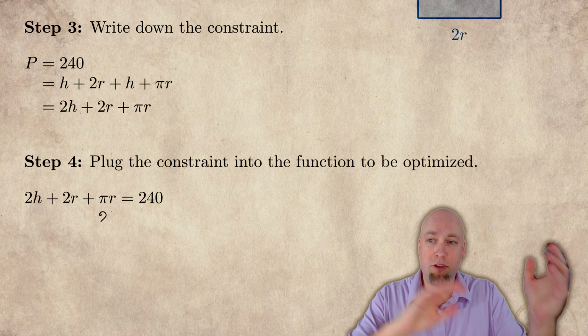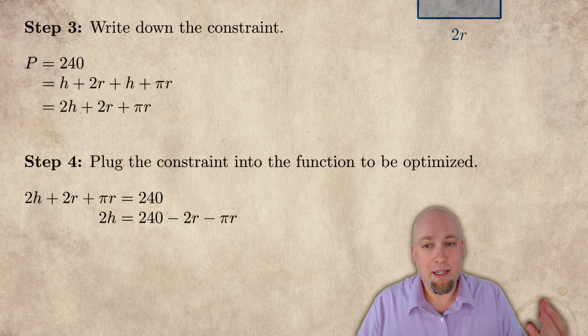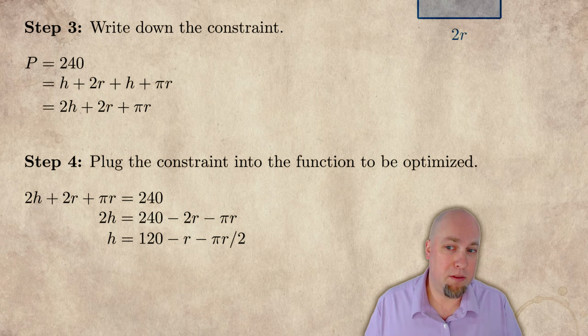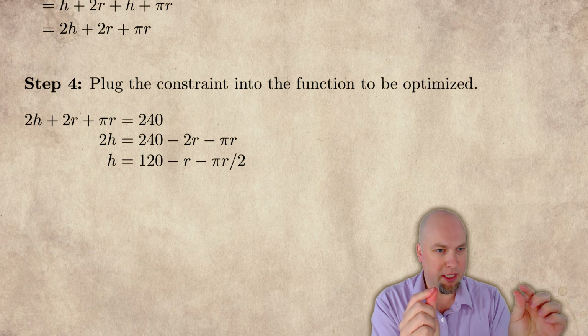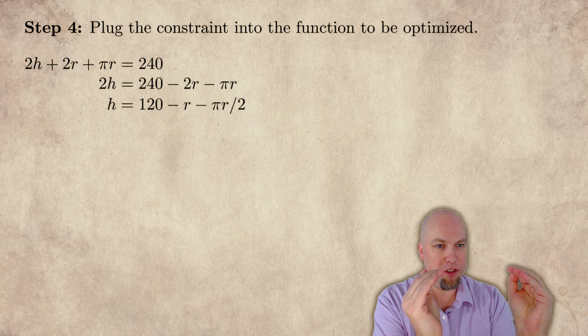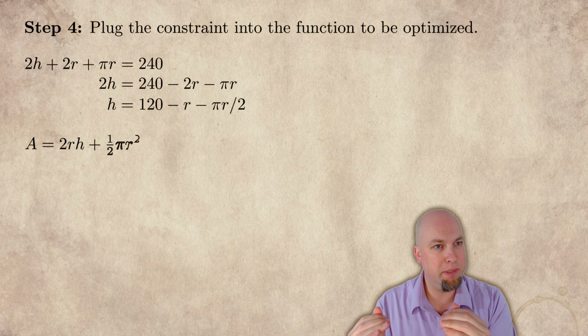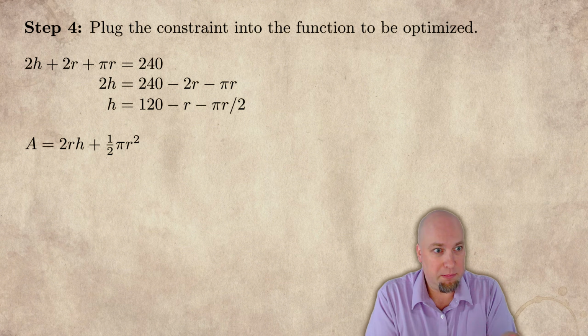Okay, so just rearrange, leave all the h's on the left-hand side, move the r's over to the right-hand side, and then we get a formula h equals 120 minus r minus pi times r over 2. And once we have the relationship between the two variables, we can take that relationship and plug it back into the formula that we wanted to maximize or minimize. Remember, we're trying to find maximum area, but we still had two variables in that formula.